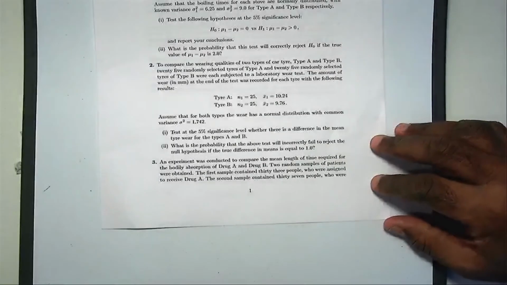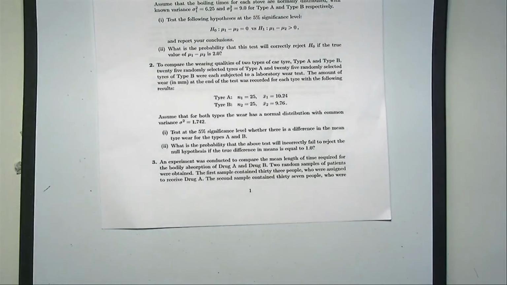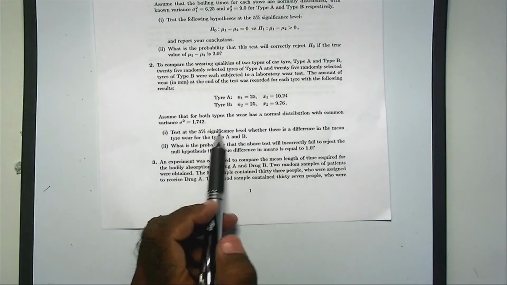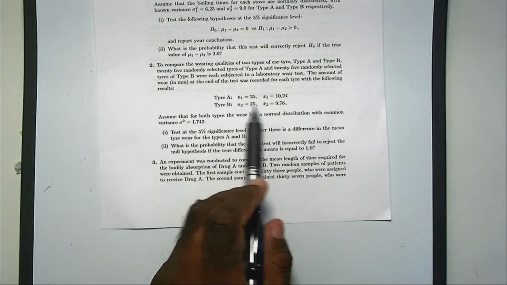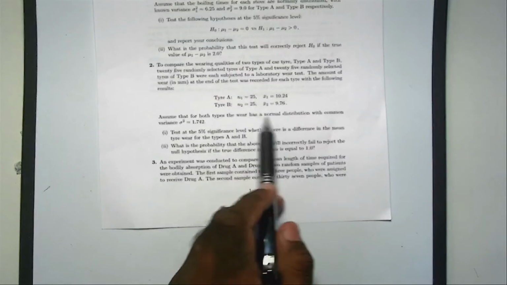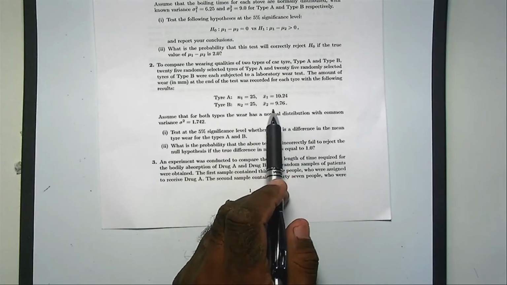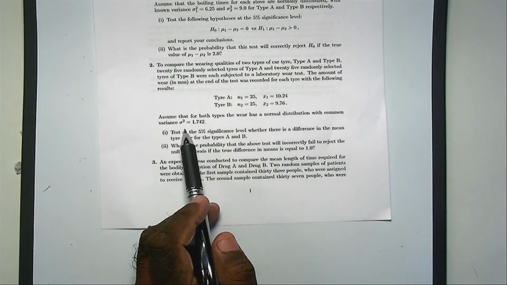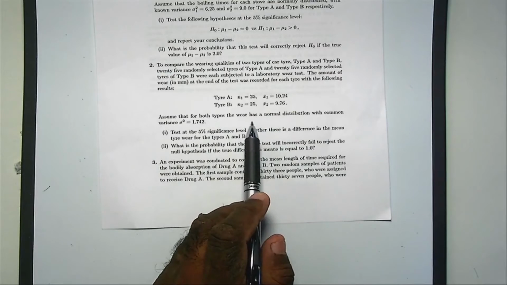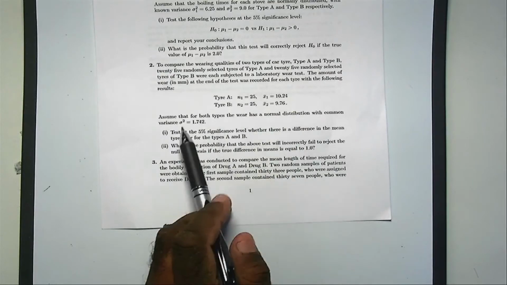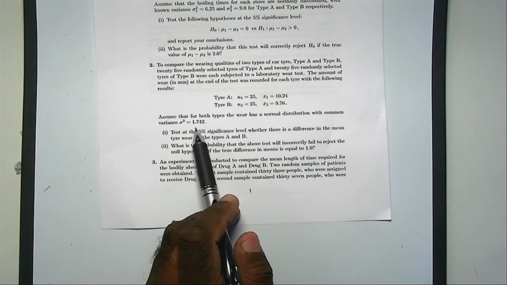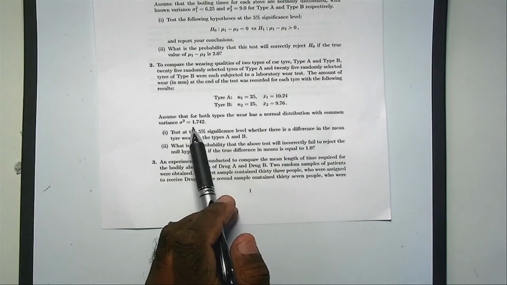Let's move on to the next one. So here we have two different populations again, and two different samples. These are the sample sizes and these are the sample means. And we are told that these come from a normal distribution with common variance equal to 1.742.